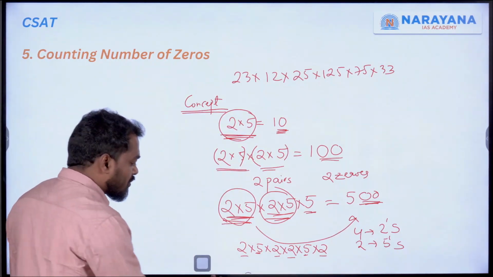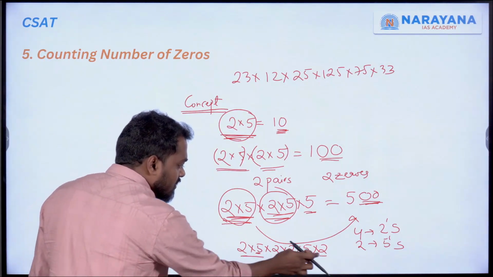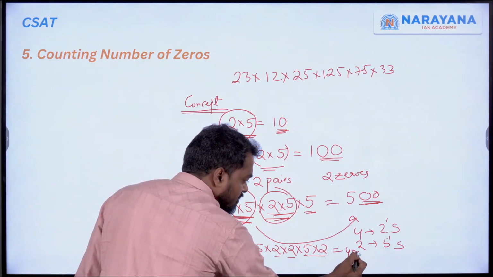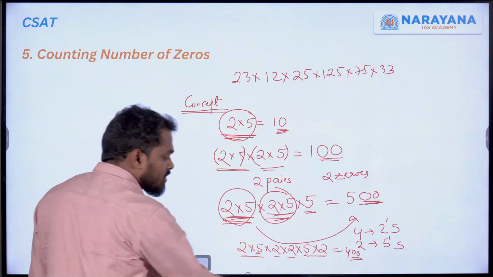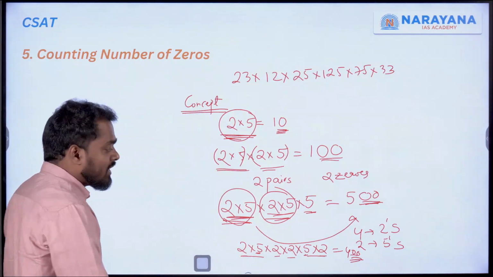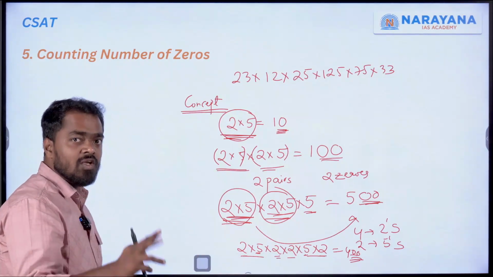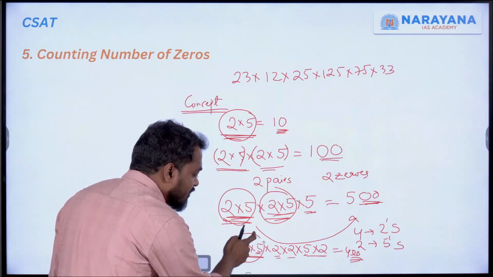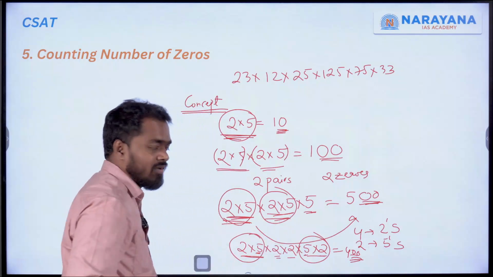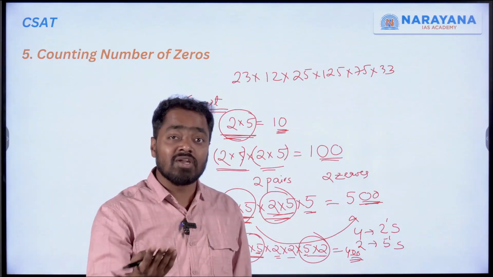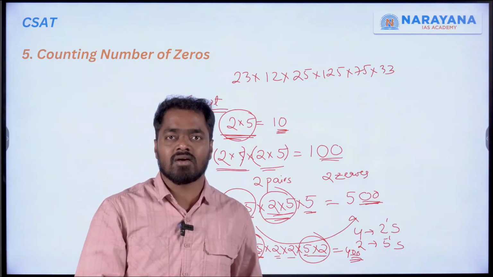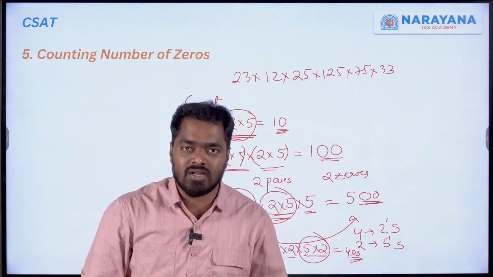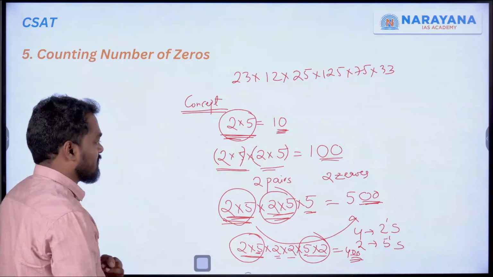But how many zeros you will get? 2 5's are 10, 2 5's are 10, 100. 100 into 4, that is nothing but 400. That is 2 zeros only. Even if you have 2 extra 2's, you are getting only 2 zeros. Why? Because there are only 2 pairs of 2 into 5. Even if you have any extra 2's, even if you have any extra 5's, that doesn't matter. How many number of 2, 5 pairs are there? You will get those many number of zeros. So that is the concept.